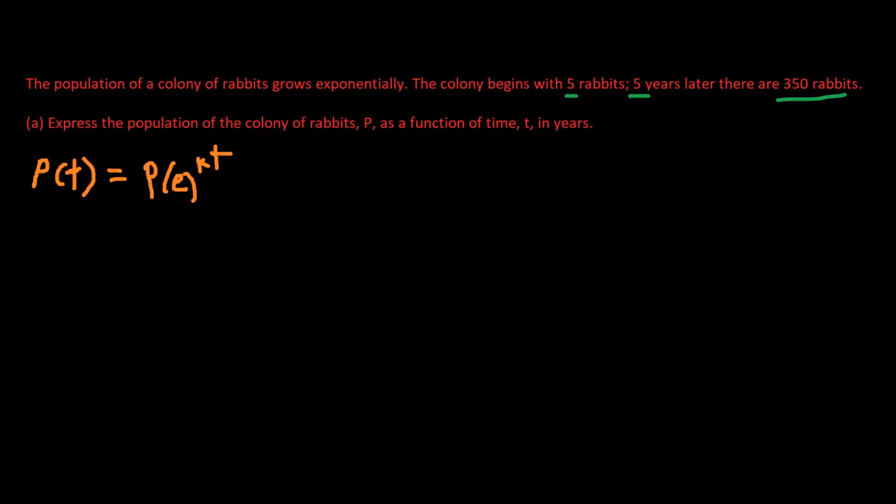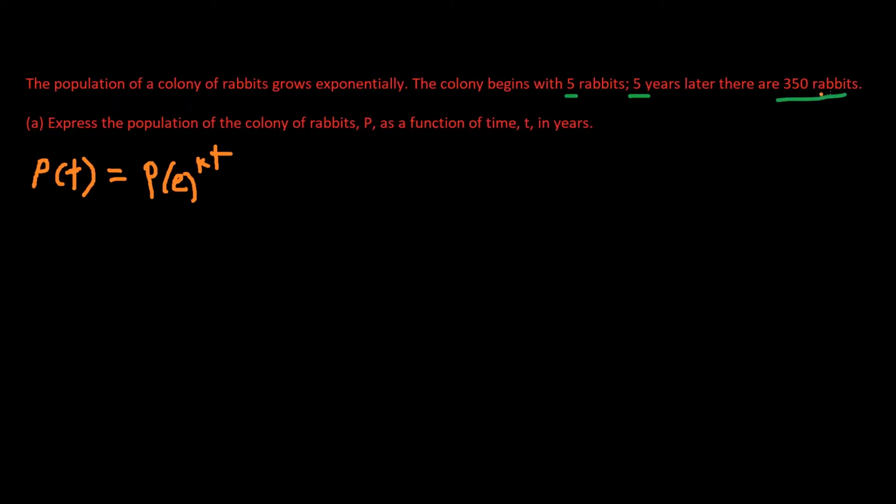So P is the principal. So right here, the Y value, I guess you could say, is your final amount. So in our case, that's 350. The P is your principal, the starting amount, which is 5. We start with 5 rabbits.